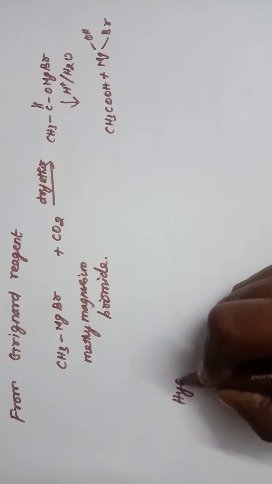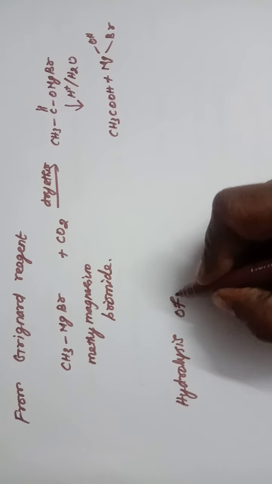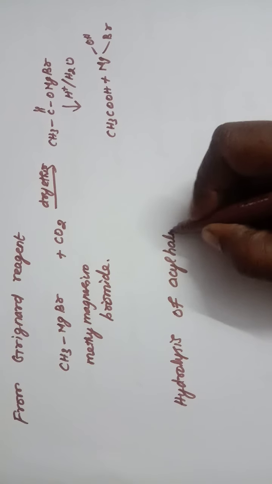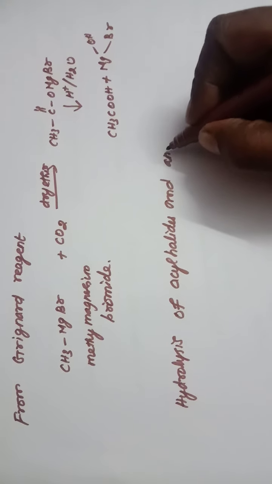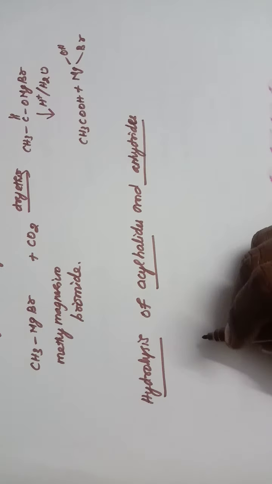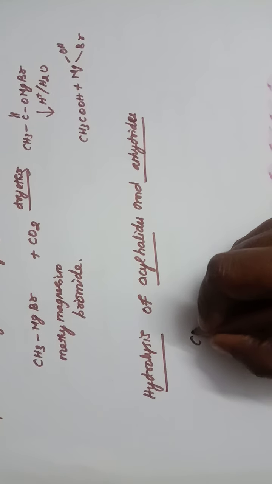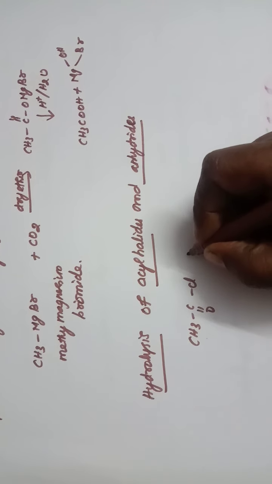Next one is hydrolysis of acyl halides and anhydrides. Acyl halides, that is acetyl halide, CH3 C double bond O Cl. This is acetyl halide.